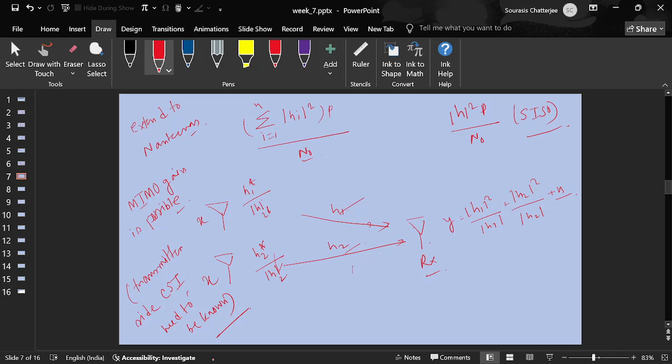Reciprocity in the sense that you are assuming the uplink channel is the same as the downlink. So what happens in the uplink scenario: the user transmits to the base station, which estimates the channel, because it is easier for the base station to estimate since it has multiple antennas, and then it uses that channel state information to precode the signal for the user in the downlink.